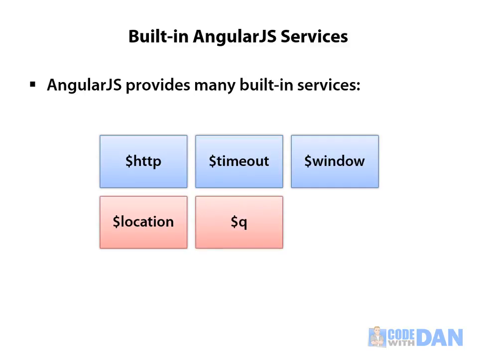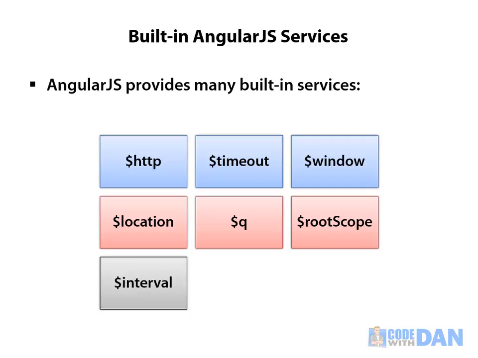$q is used with asynchronous processes, such as AJAX calls and others. $rootScope is used behind the scenes to actually create new scopes as we, for instance, use controllers. In addition to the $timeout that I showed earlier, we also have $interval.